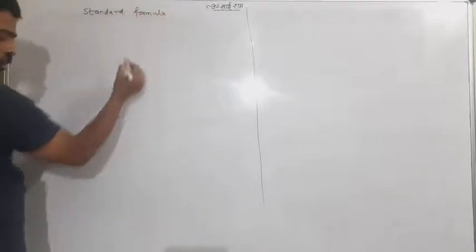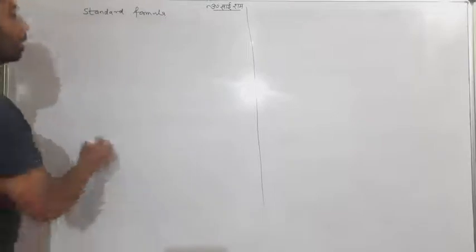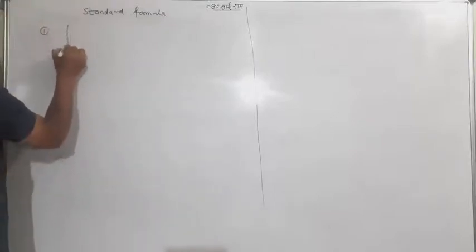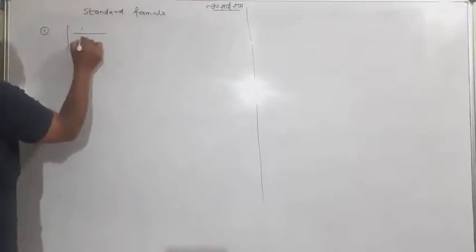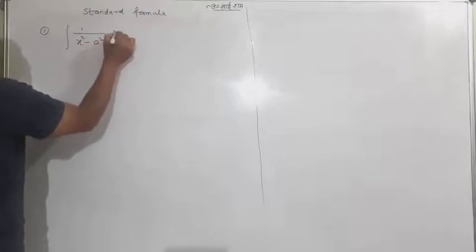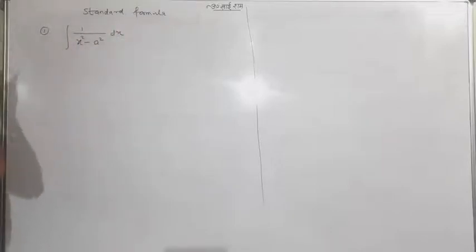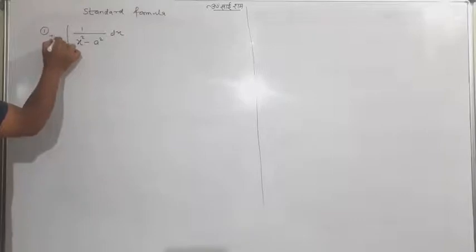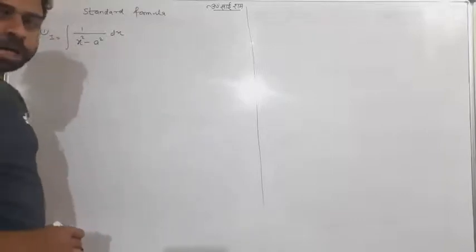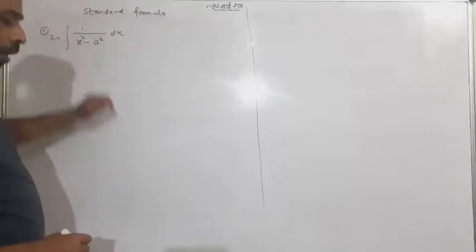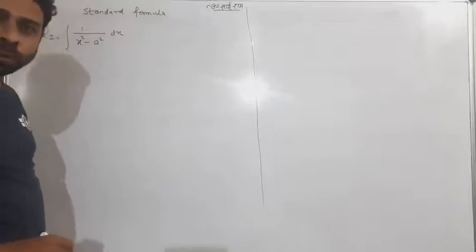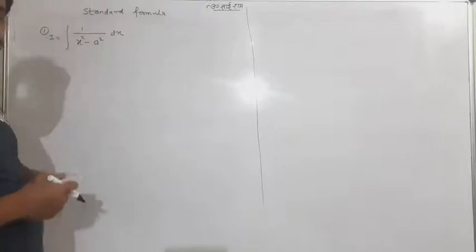I will tell you what they are one by one with derivation. First, suppose you have a condition x square minus a square, and this is an integration. Actually, we are studying some types, and this is a question. If this question comes to you, how do you solve it?